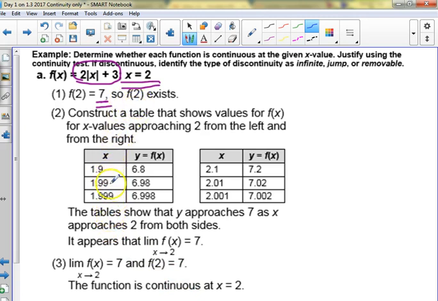They go 1.9, 1.99, 1.999, get closer and closer to 2, and it seems to be approaching 7, right? If they come from the other direction, 2.1, 2.01, 2.001, is this also getting closer and closer to 7? Okay, that's the idea of a limit that we'll talk about in May. So this has a limit at 2 of 7. All I'm going to ask you is, is it continuous?